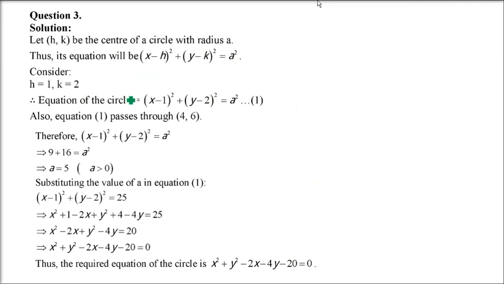Question number 3. Find the equation of the circle whose center is (1, 2) and which passes through the point (4, 6). So it's quite clear, you know the equation: x minus h whole square plus y minus k whole square equals a square.